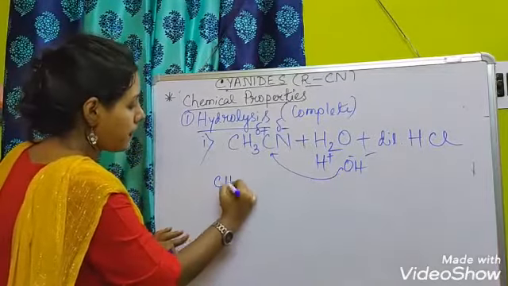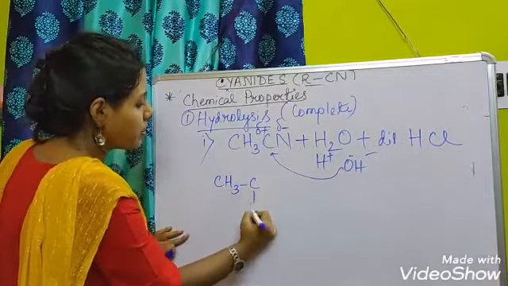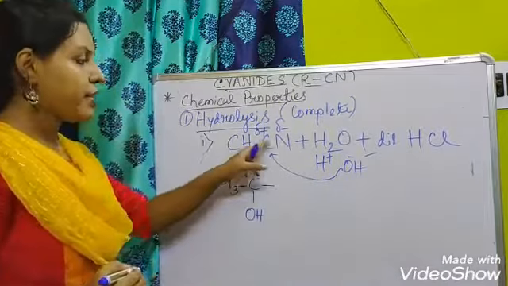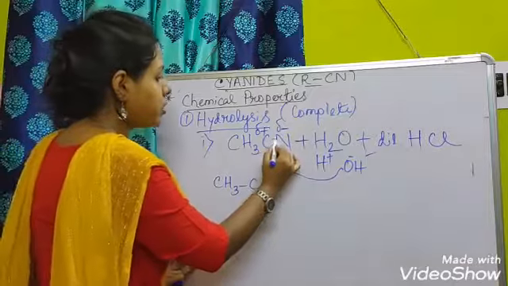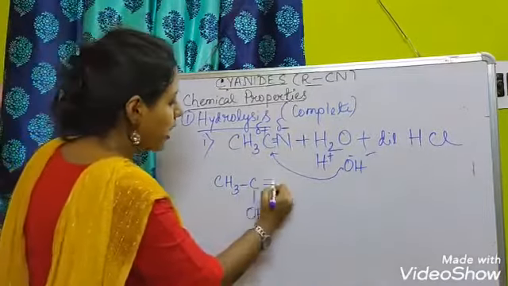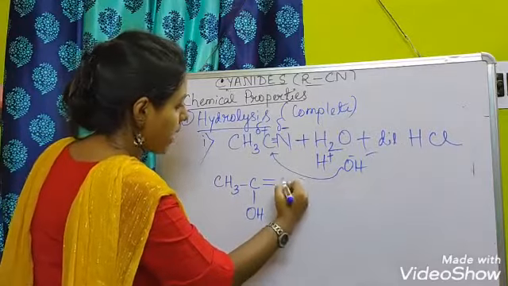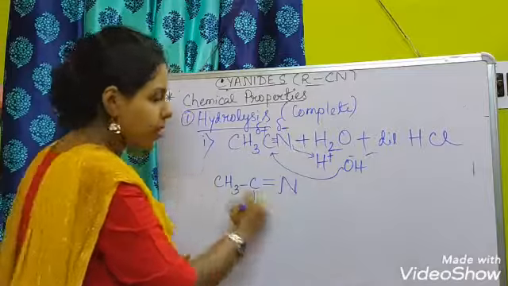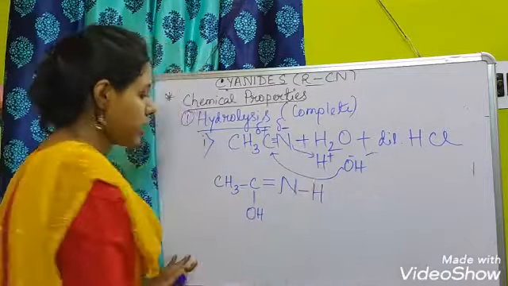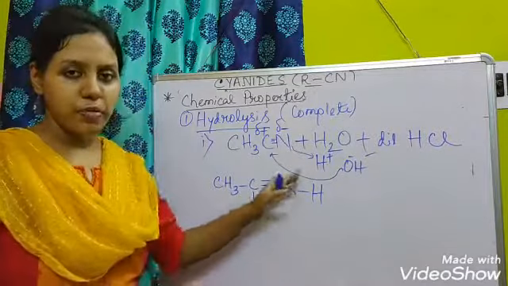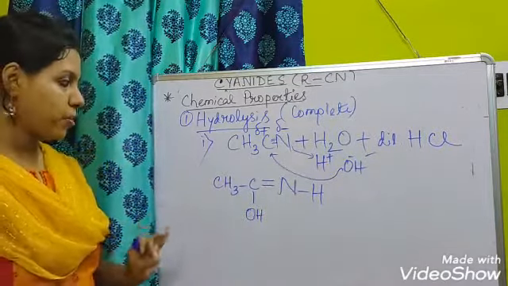So initially there was a triple bond between carbon and nitrogen. After adding this one, that bond will become a double bond, and here the H plus ion will be added. So that is NH. So CH3C(OH) double bond NH. This type of compound will be initially formed.